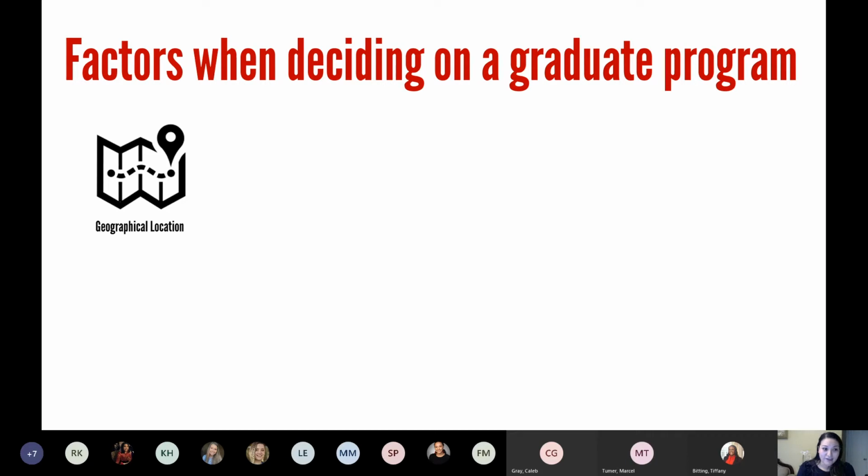So again, it really expands your options because you have multiple options in the city. Or it could also look like this. I am ready to move out of state and I want to explore a new city or a new state, one that I've always had my sights set on. Maybe I've always wanted to work in California, Chicago, etc. So geographical location could really be an important factor for you.